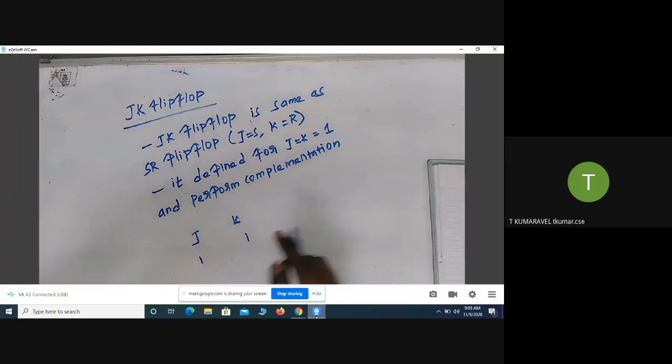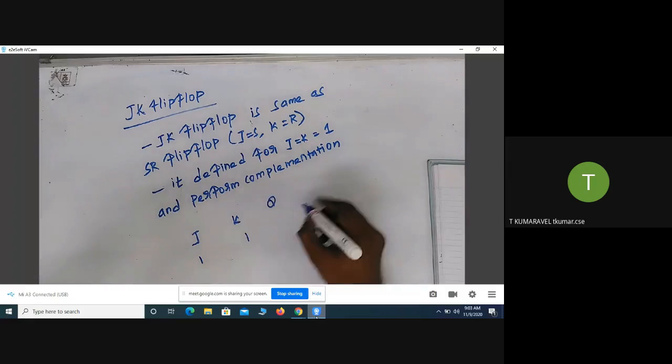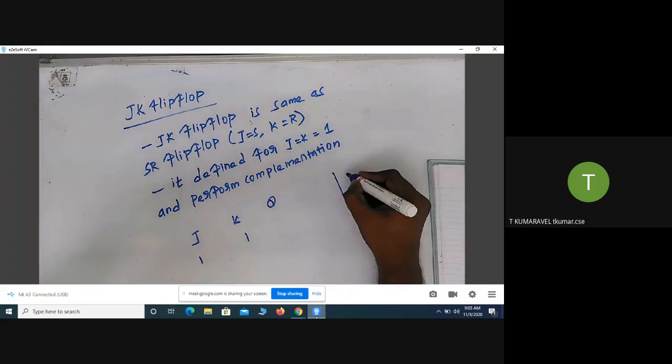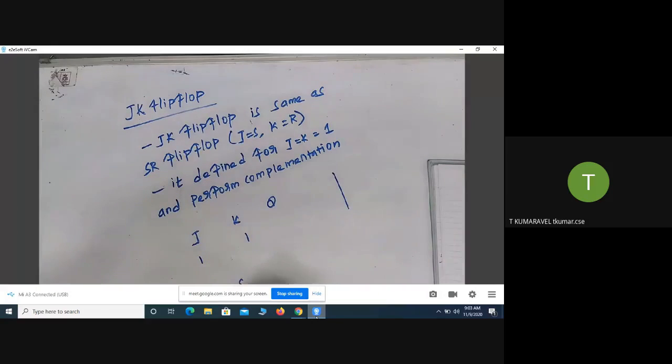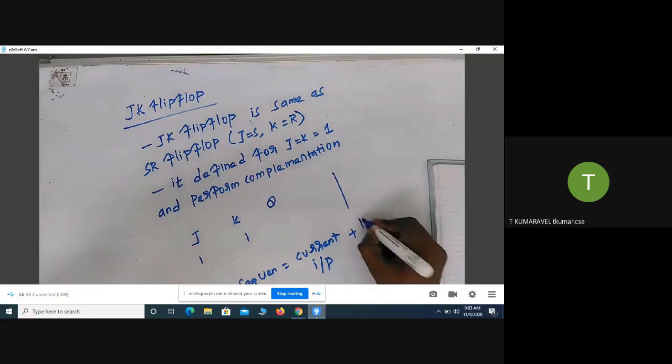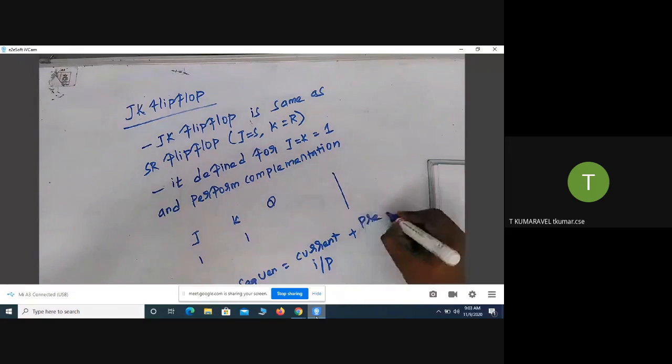So what is the output of this function? Already you know how a sequential circuit works. A sequential circuit works based on the current input plus the past output, or previous output. Am I correct?